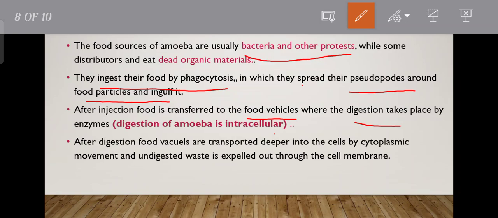Digestion of amoeba is intracellular. It takes place inside the cell. After digestion, the food vacuoles are transferred deeper into the cell by the cytoplasmic movement, and undigested waste is expelled out through the cell membrane.